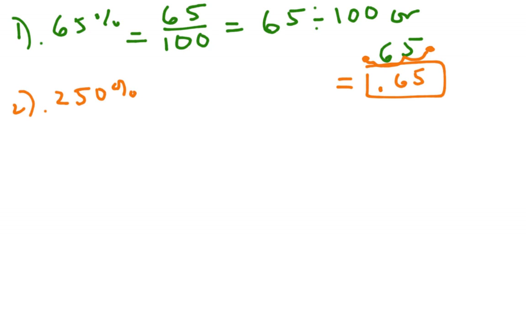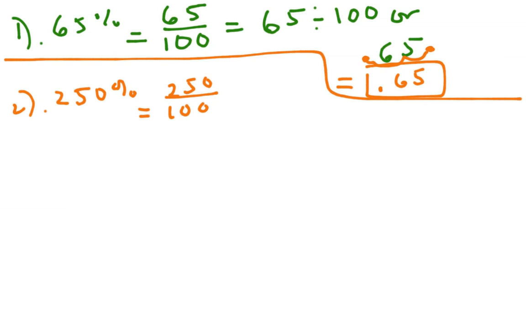Example problem 2, 250%. So I'm going to expect my decimal to be more than 1, because I know 100% is 1. So 250%, I'm expecting a decimal that's more than 1. So that's the same as saying 250 over 100. When you're doing your work, you don't have to do every single one of these different methods, these different forms that I'm writing, but in your sample problems, you should write them all down so that you have a really good set of notes with every single way that you can write percent.